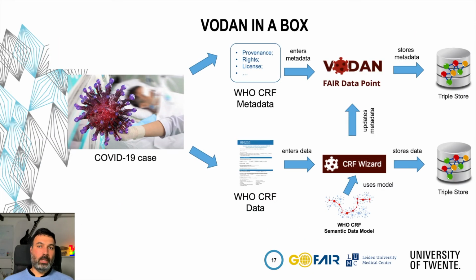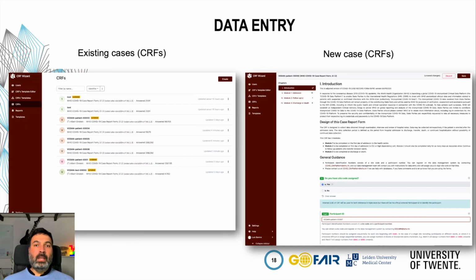Coming back to VODAN in a box and its tools, here are some screenshots of the CRF wizard, which is used for data entry. On the left, we have a list of existing case reports that someone filled in. And on the right, we are creating a new case or reporting a new case.